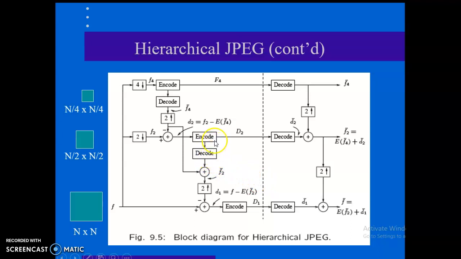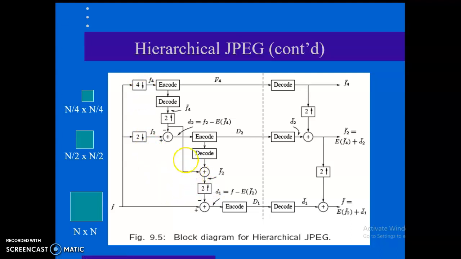Here encode, decode after summation, f2 approximation, then this is 2 up, here down 2, down 4.